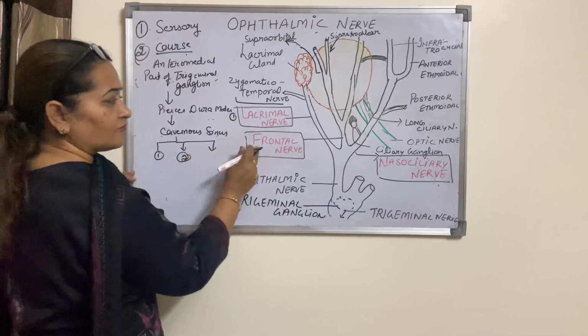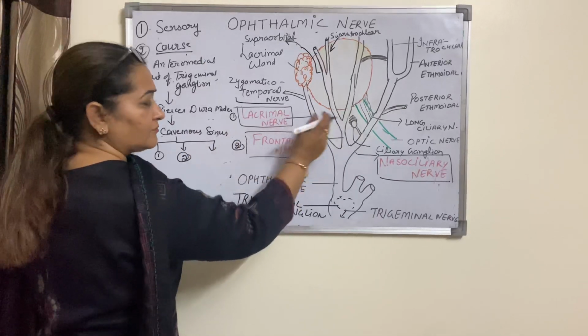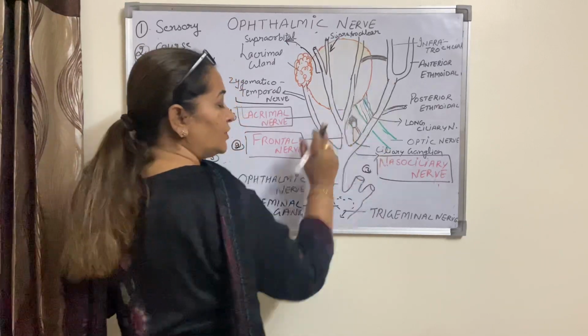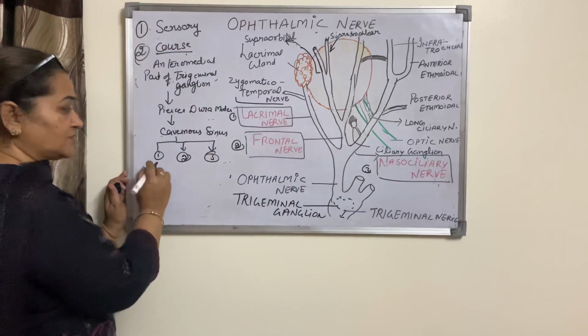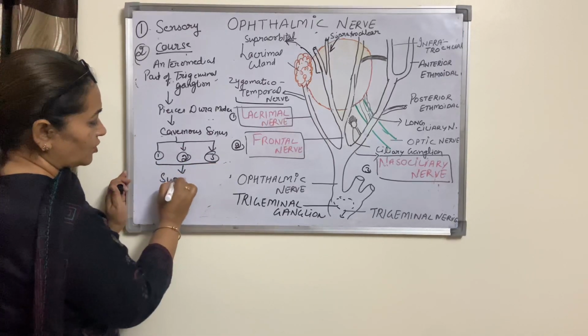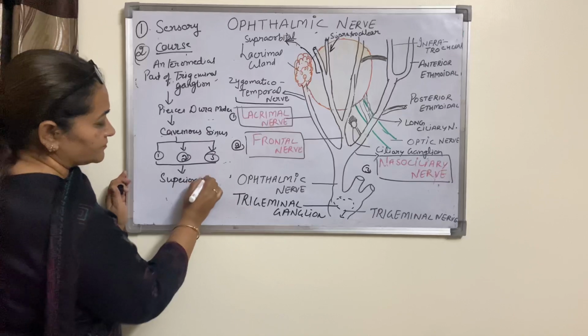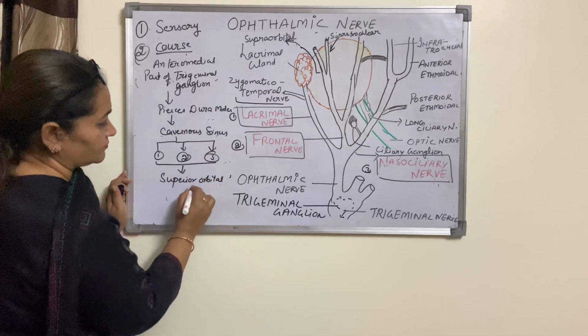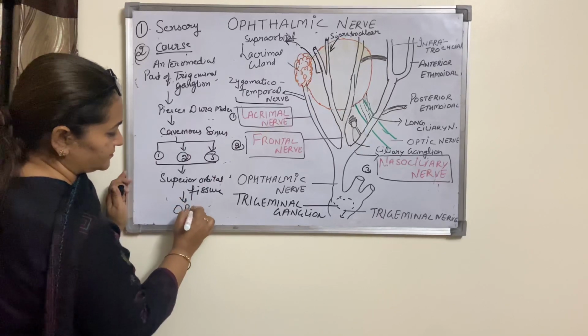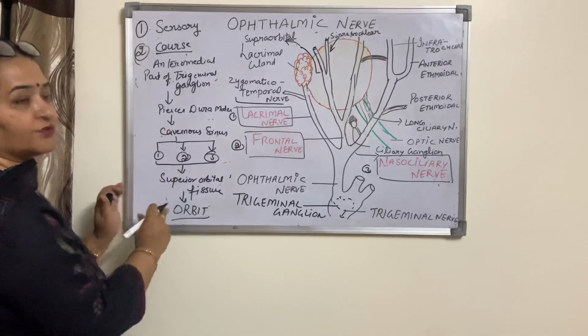Then second is the frontal nerve. And third is the nasociliary nerve. So these are the three branches arising from this nerve. These three branches pass through the superior orbital fissure and enter into the orbit. So this is the course of this nerve.